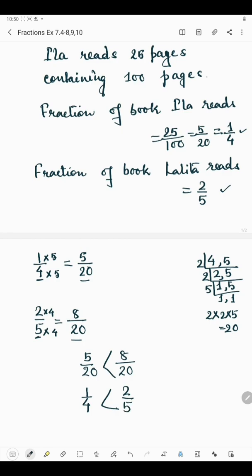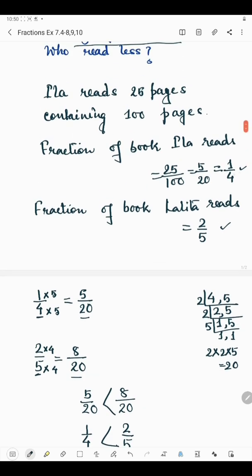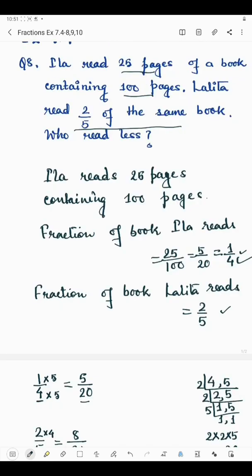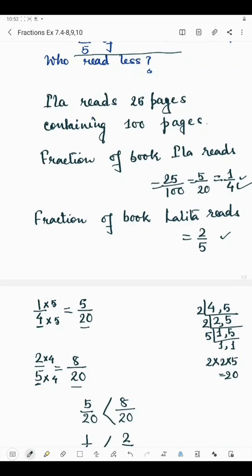Now 1 by 4 is the fraction of the book Ela reads, right? So what we have observed is that since 1 by 4 is less than 2 by 5, Ela reads less. Here we have seen that Ela read 25 pages of a 100-page book. We wrote the fraction of the book Ela reads and then compared it with the fraction of the book Lalita reads.